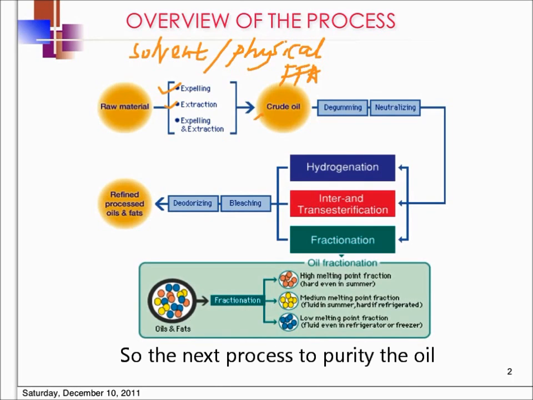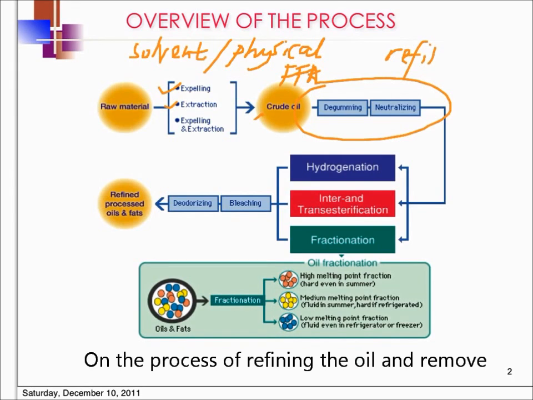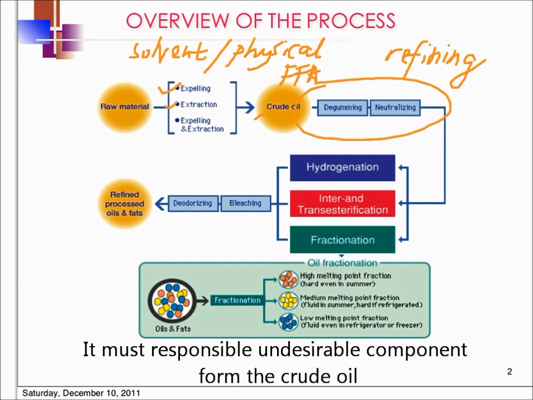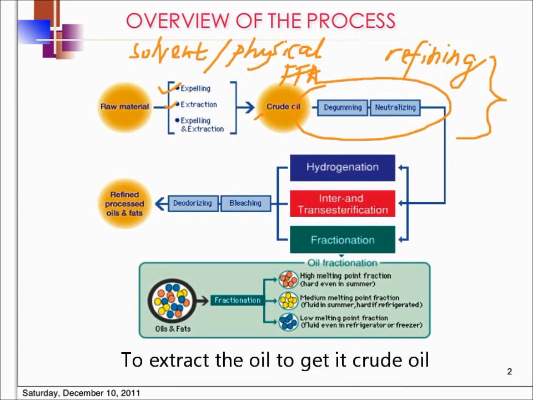So the next process is to purify the oil, and basically this is what we call the stage or the process of refining, to remove as much as possible the undesirable components from the crude oil. So the first stage of the oil processing is to extract the oil to get the crude oil. Then after that, refining.